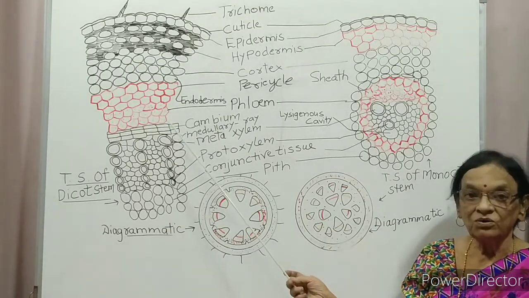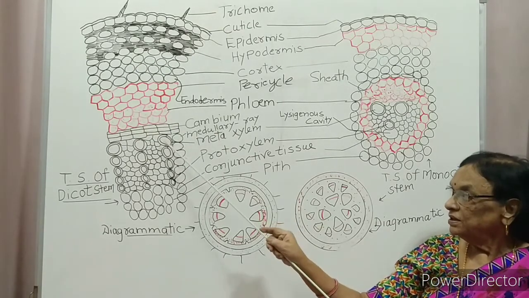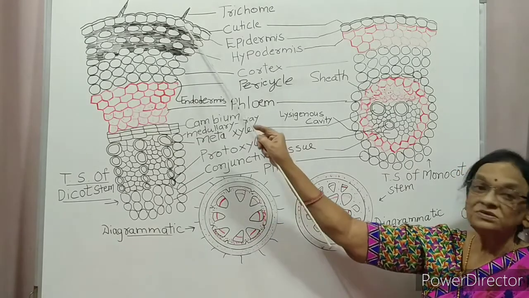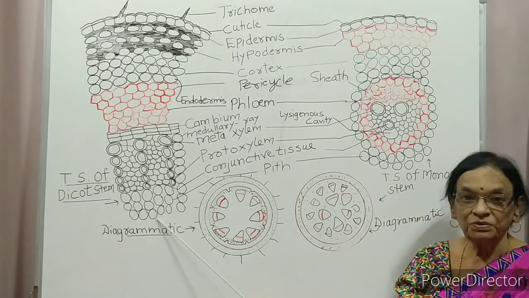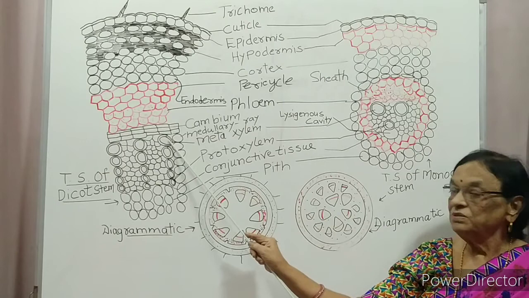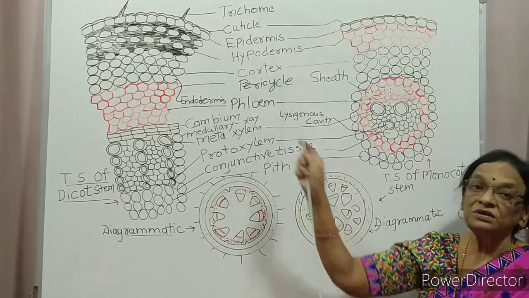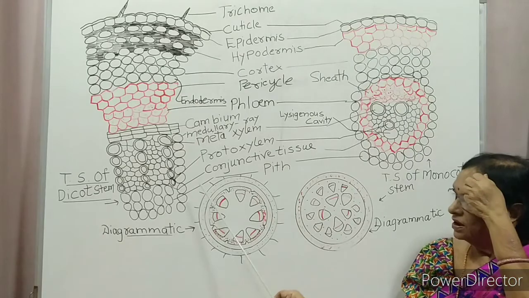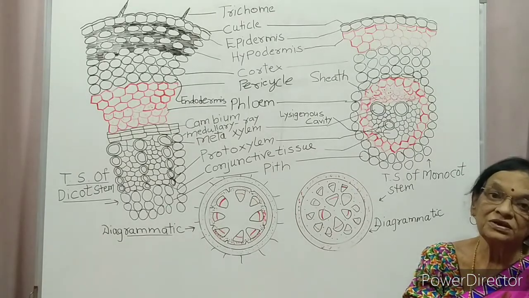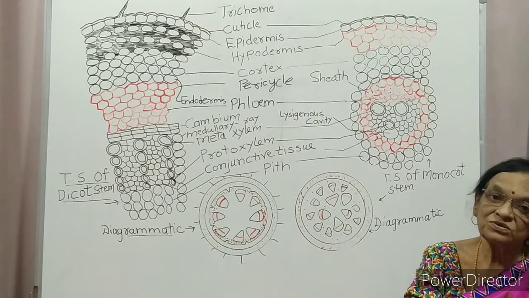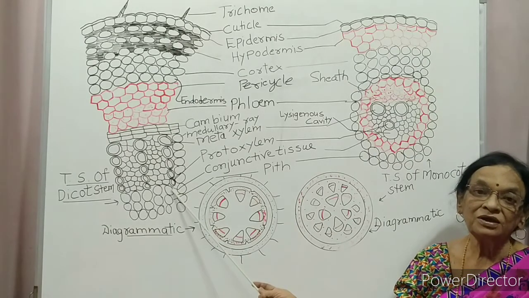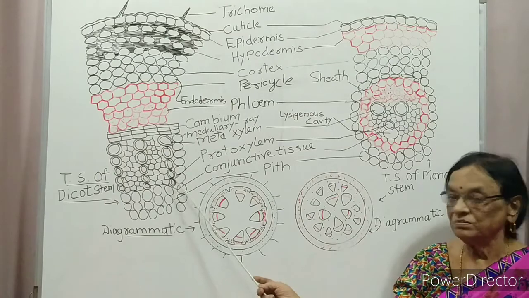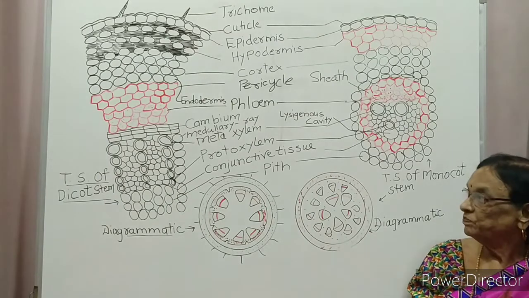So collateral open. Then the metaxylem is towards the periphery and protoxylem is towards the pith. Metaxylem means big xylem situated towards the periphery, and small xylem is situated towards the pith. Such a type of arrangement is called endarch protoxylem. Endo means inside, so protoxylem faces inside.